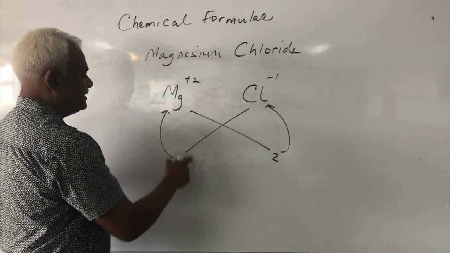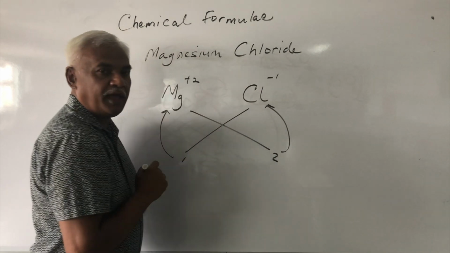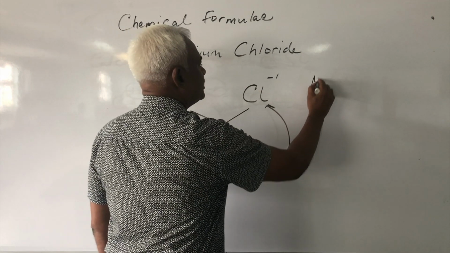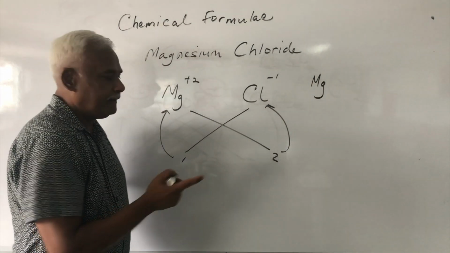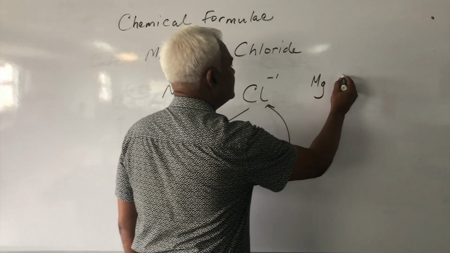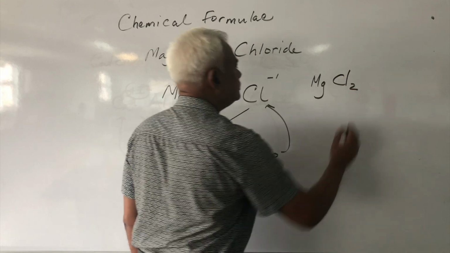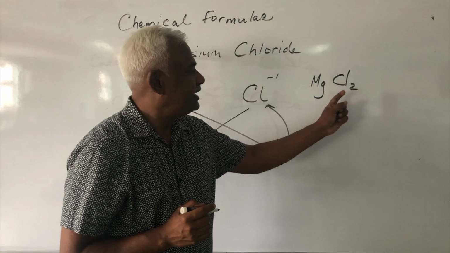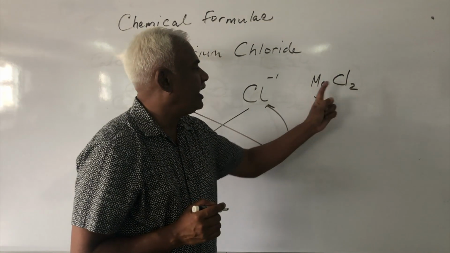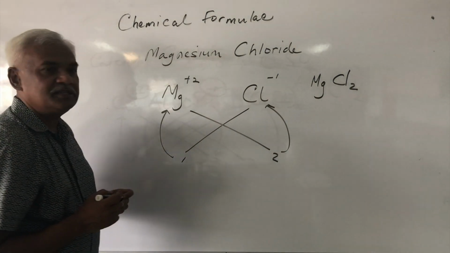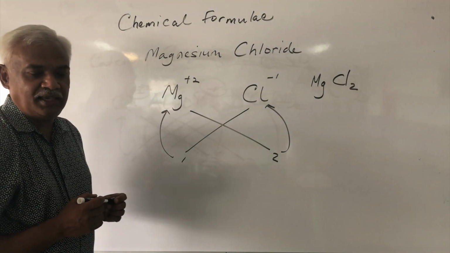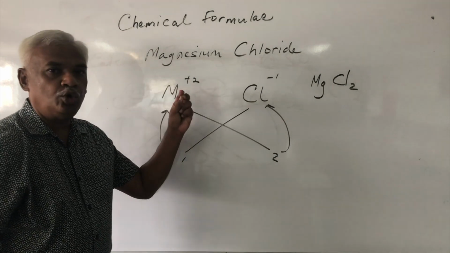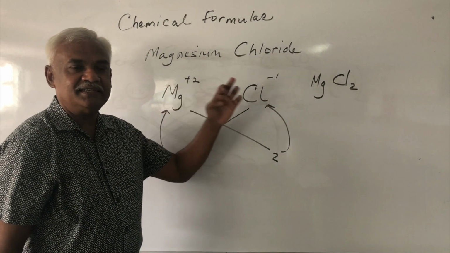I have 1 magnesium with 2 chlorides. I write Mg, it's 1, followed by 2 chlorides, Cl2. Now, I don't need to put brackets here because chloride is just Cl. 2 chlorides with 1 magnesium. Magnesium chloride is MgCl2.